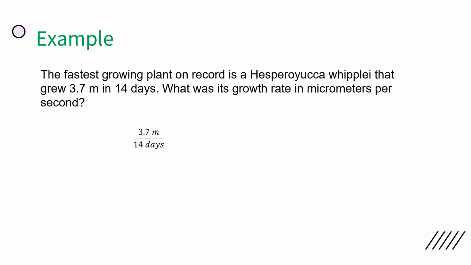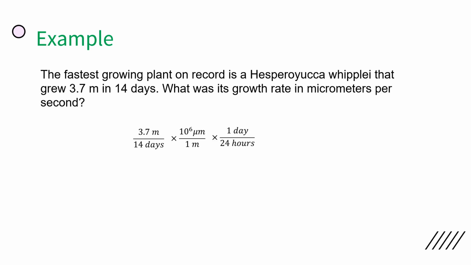So you have 3.7 meters divided by 14 days, and then multiplied by the correct conversion factor. So we know that 1 meter is equal to 10 to the 6 micrometers, or that is about 1 million micrometers.